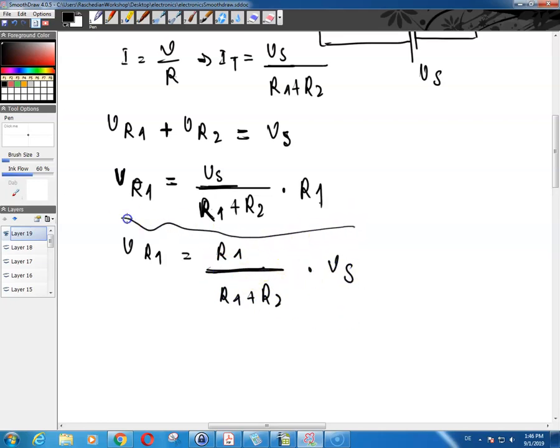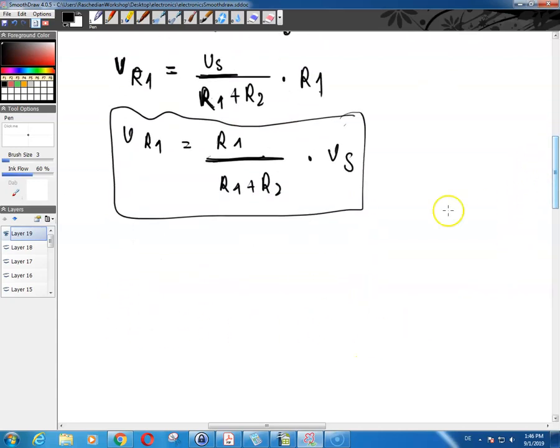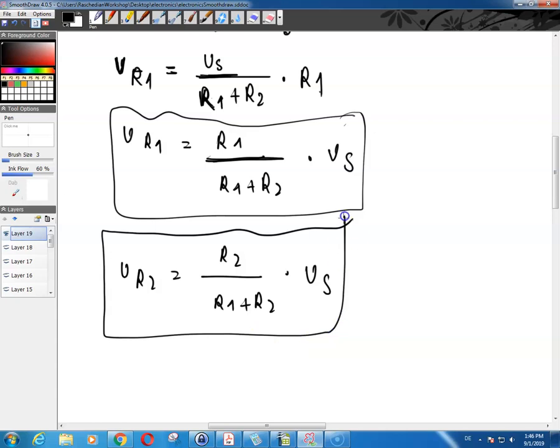So this is the voltage drop across the first resistor. And by the same logic, V of R2 is equal to R2 over R1 plus R2 times V of S. And that is basically the voltage drop across R2.